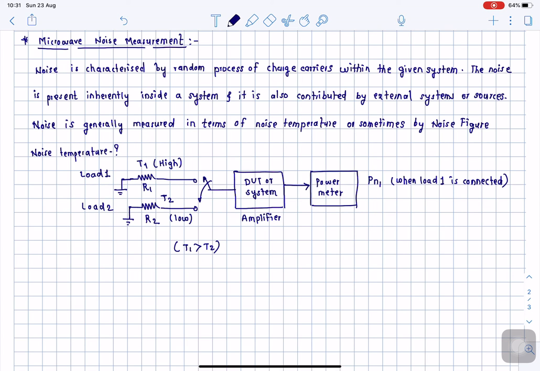Then this same device under test we now connect to load number 2. Load number 2 is at a different temperature, lesser than the temperature of load number 1. Again we note down the separate power, and let us call this noise power sensed by the power meter Pn2, when load 2 is connected.